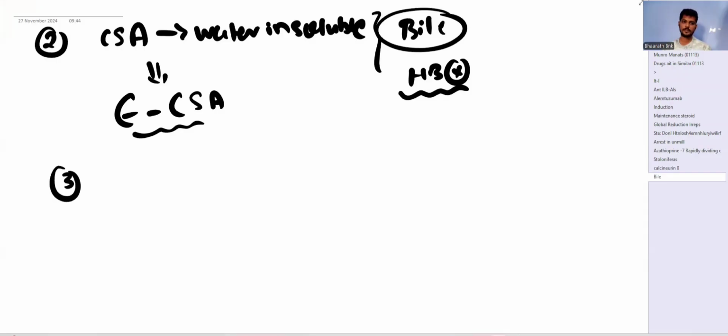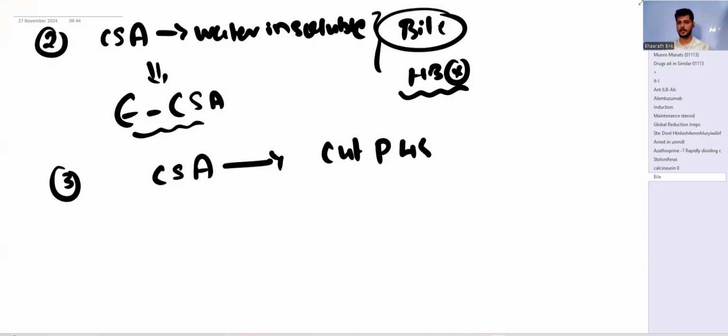The third thing is when it is given with other agents. This cyclosporine A is one of the drugs which is metabolized by cytochrome P450 enzyme. Now, there are certain drugs which will induce this enzyme, and certain drugs which will inhibit this enzyme.